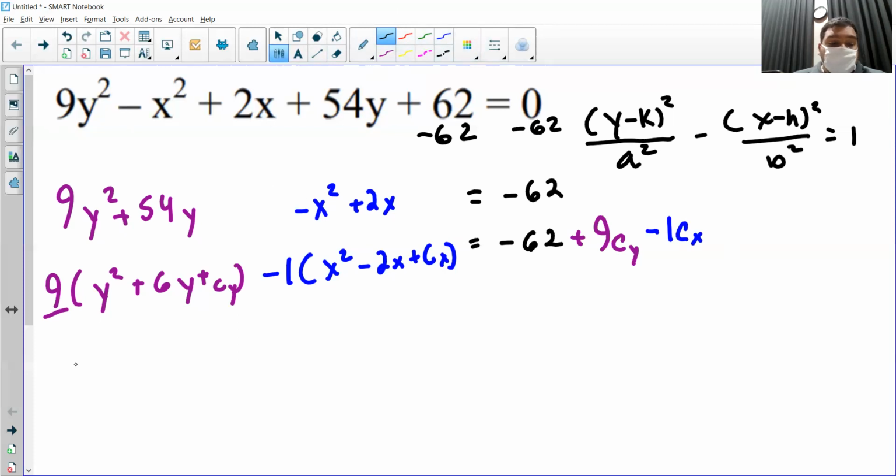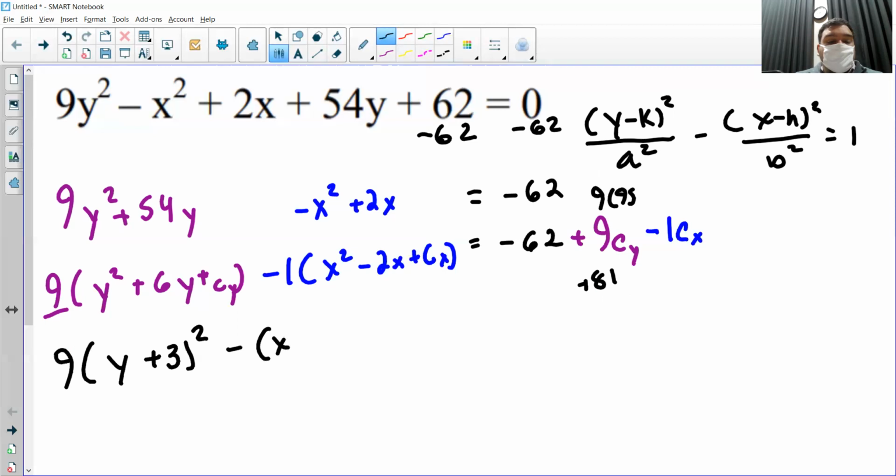All right. The left side, we're going to simplify. We need the perfect square for y. It's going to be half of this, which is 3 squared, which is 9. I'm going to simplify all the way to the end, y plus 3 squared. But because it is 9, I have to do 9 times 9 over here, which is 81.